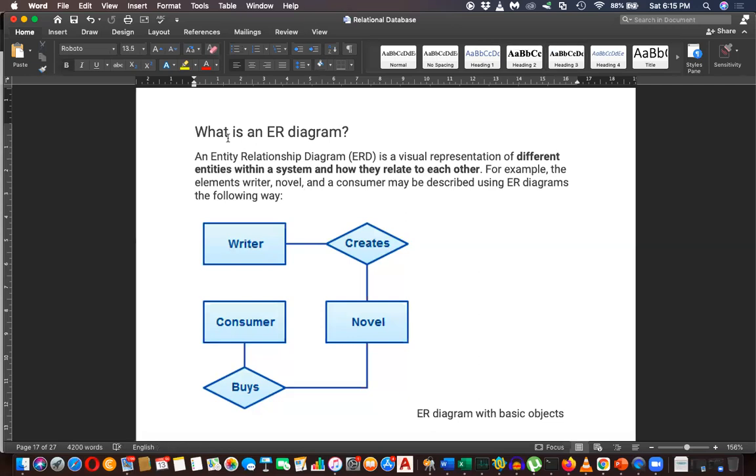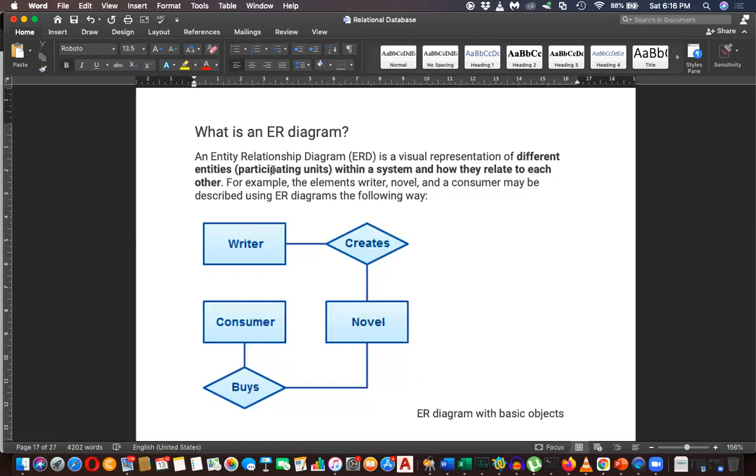Entities means participating units, which can be a person, a system, a concept, a thing. So it shows the different entities within a system, how they relate to each other and how they work with each other. That is basically the ER diagram.